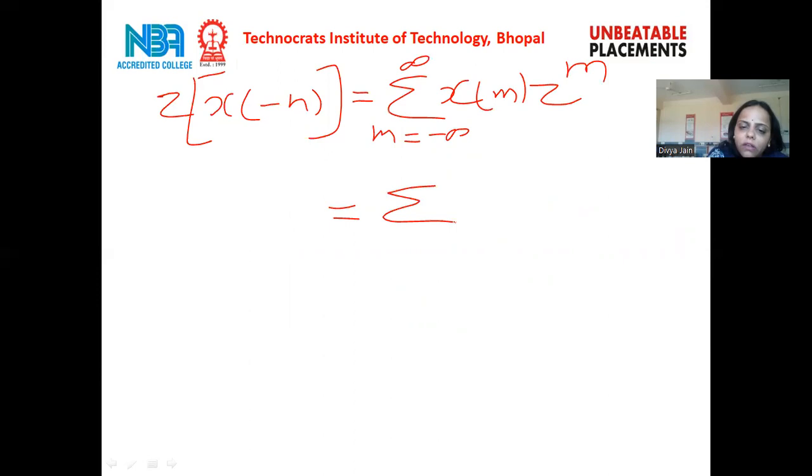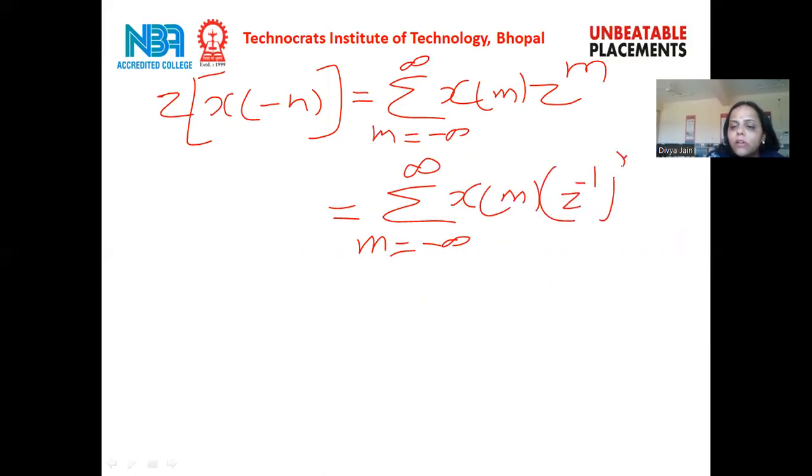We can write it like this also: the summation m equals minus infinity to infinity of x[m] (z inverse) raised to the power minus m.